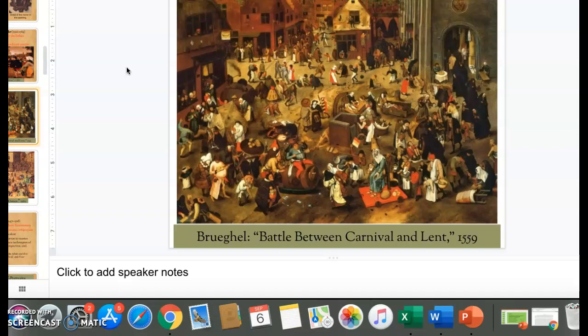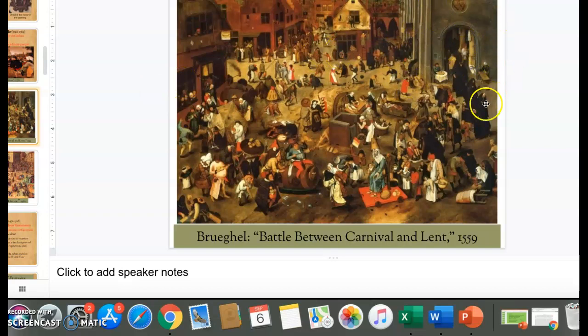So here in the painting, I want to point out a little bit of symbolism to you. First of all, you can see here on the left, this is basically an inn or a tavern where people can drink. This is going to represent Carnival, people letting loose and getting out their frustrations with all the drinking and the eating of meat that's going on.